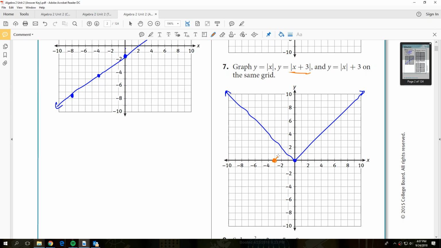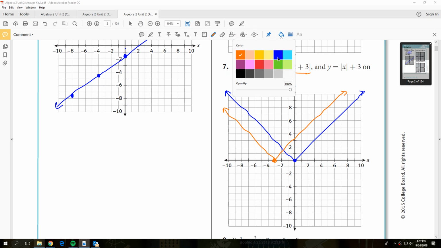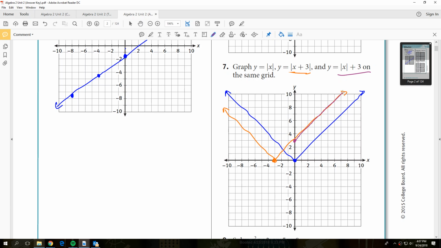There are no other transformations, so it just goes like that. And then we'll choose one more color, let's do purple. For the absolute value of x plus 3, this goes up 3. 1, 2, 3. And this actually should be on the same line as this, if I was able to draw these perfectly.